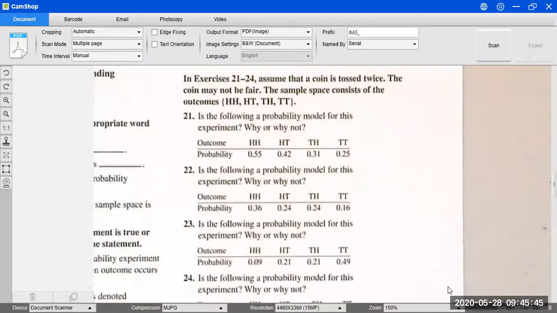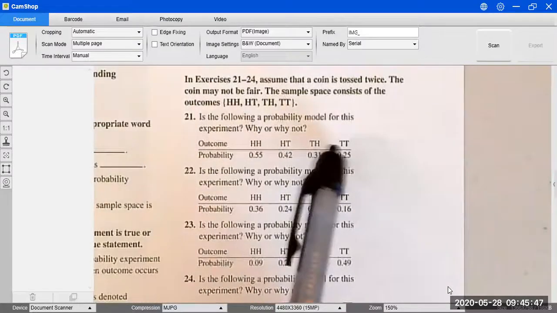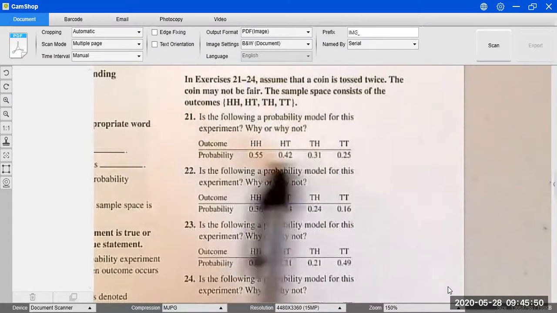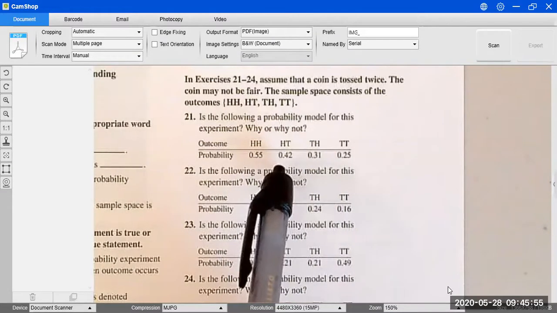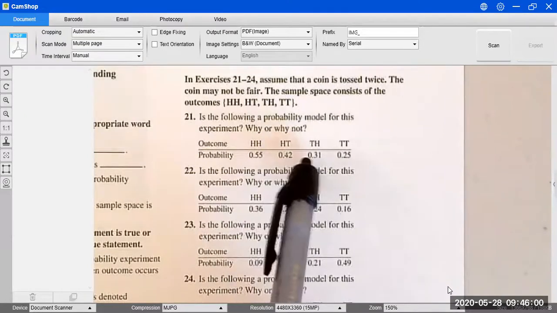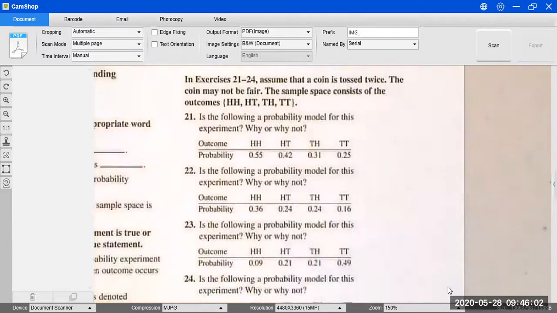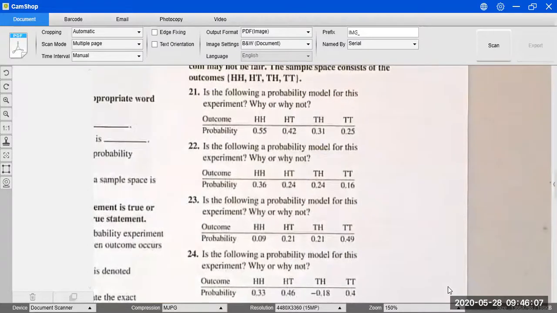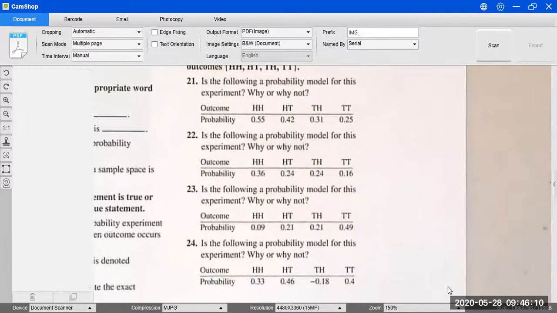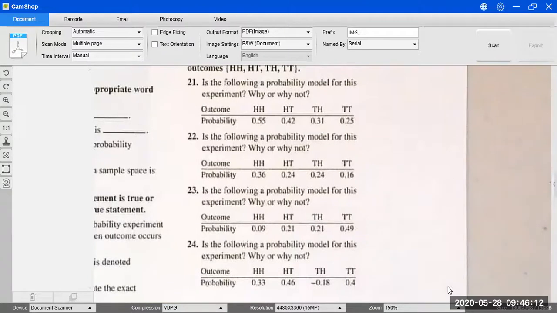And those are different probability models, and you need to decide whether these are actually probability models, if they follow the rules. So that's problems 21 through 24. So there are some rules that the probability model should follow. So these are the 4 problems.